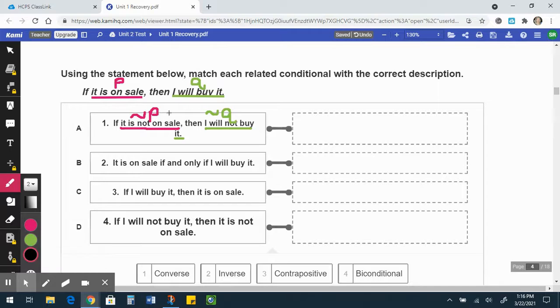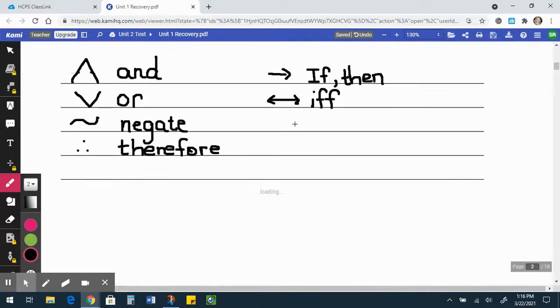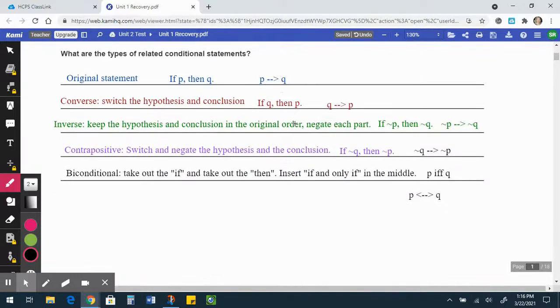If, then I know is the single arrow. So for this one, when I compare to the original, it stayed in order, but each part was negated. I've got to think back to my notes at the beginning. Number one, in order, negate each part.